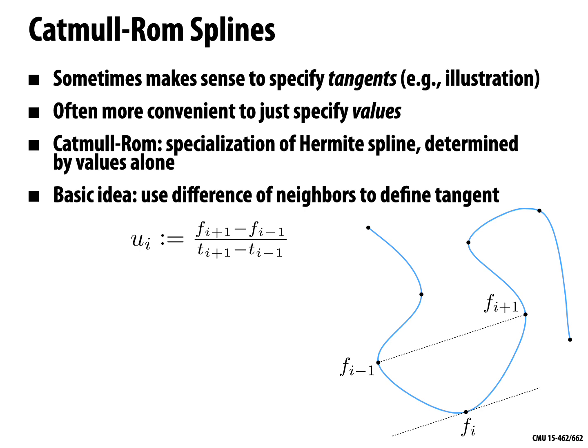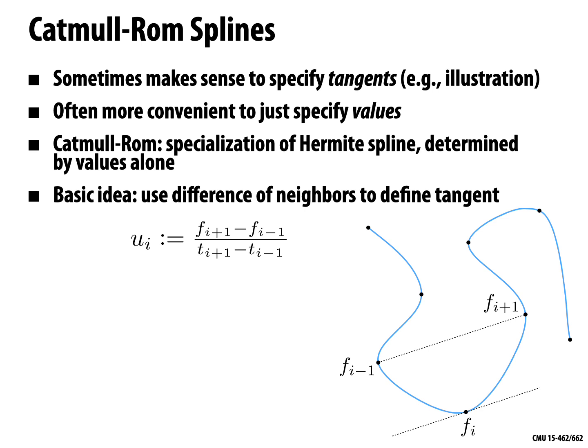So if I just hand you a bunch of data points, f1 through fn plus 1, then I'm going to say the derivative at node i is (f_{i+1} - f_{i-1}) / (t_{i+1} - t_{i-1}). How much did the value change over those 2 intervals?